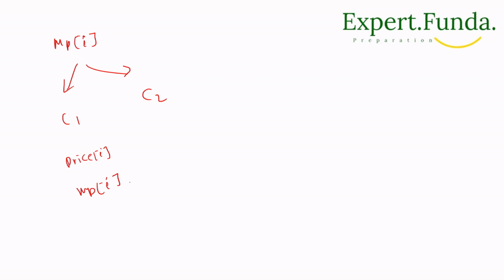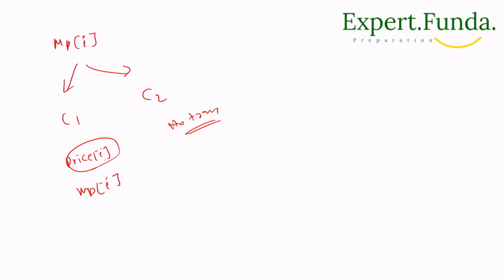So we have to take care here. The initial padding on the MP of I array saves us from getting out of the boundary of the array. In case 2, we do no transaction at this same price.